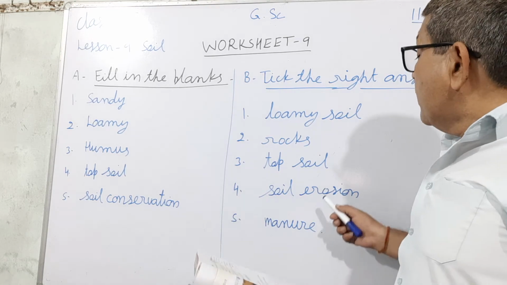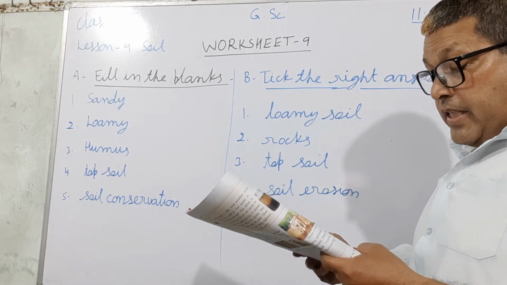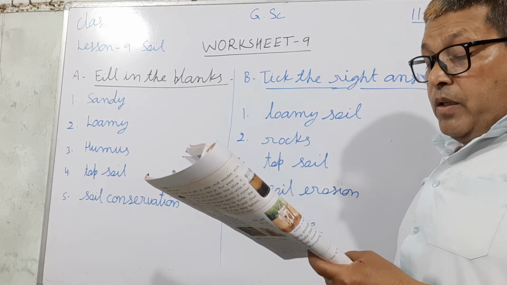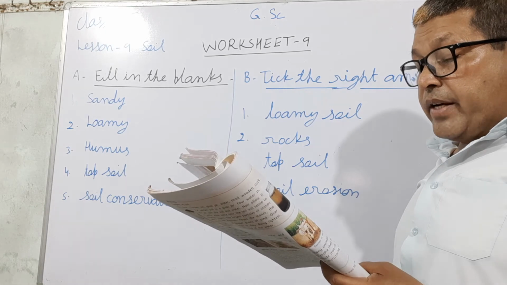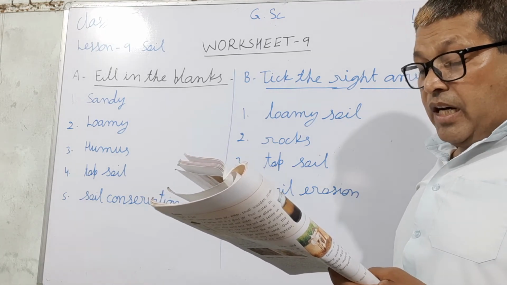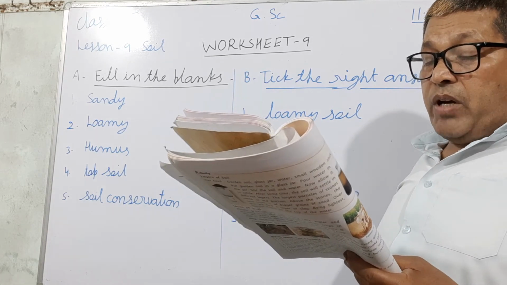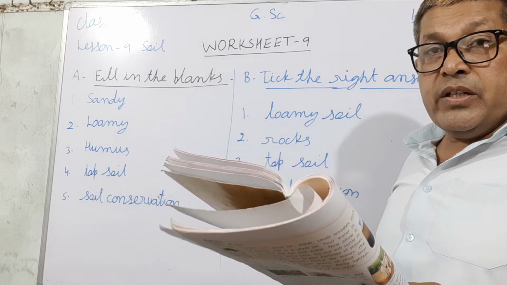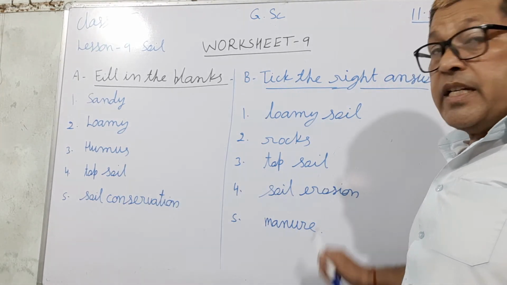So here top soil is the correct option. Now fourth, wearing away of soil by wind, rain and running water is called. Three options are given: soil conservation, soil erosion and soil protection. So here soil erosion is the correct option.